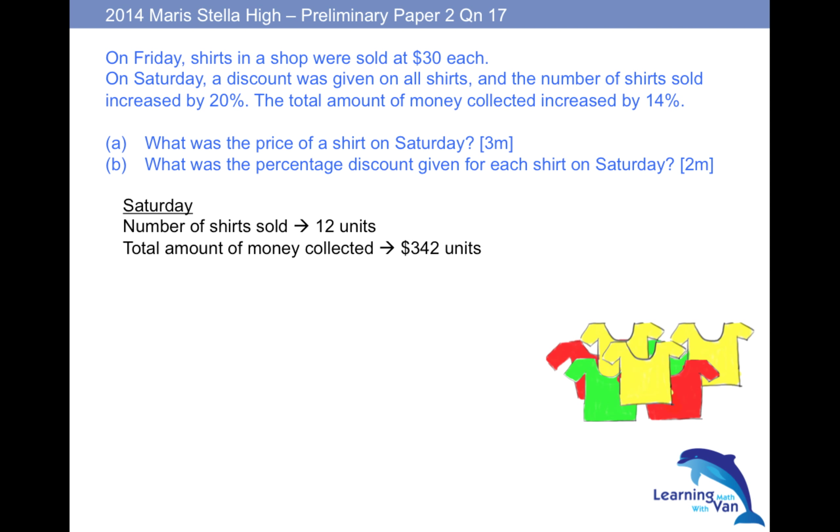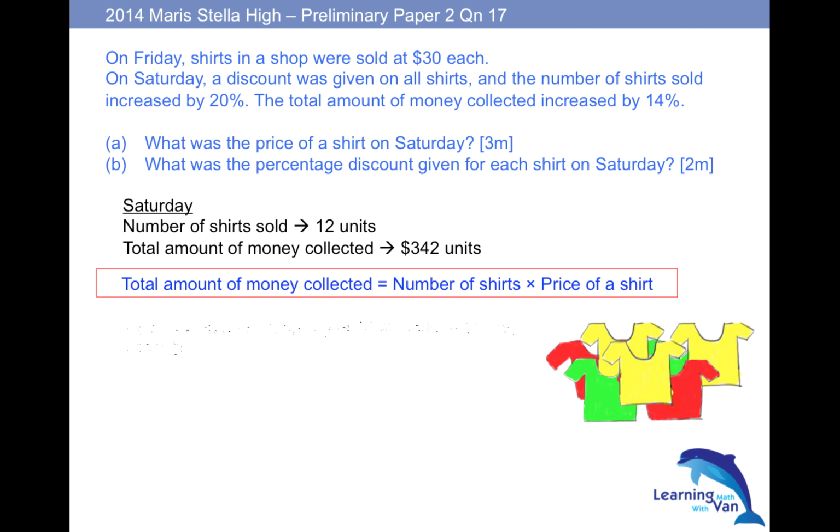Like if I spent $10 on 5 packets of chicken rice, then one packet of chicken rice will cost me $2. The same logic. 342 units dollars divided by 12 units, and that gives you $28.50.